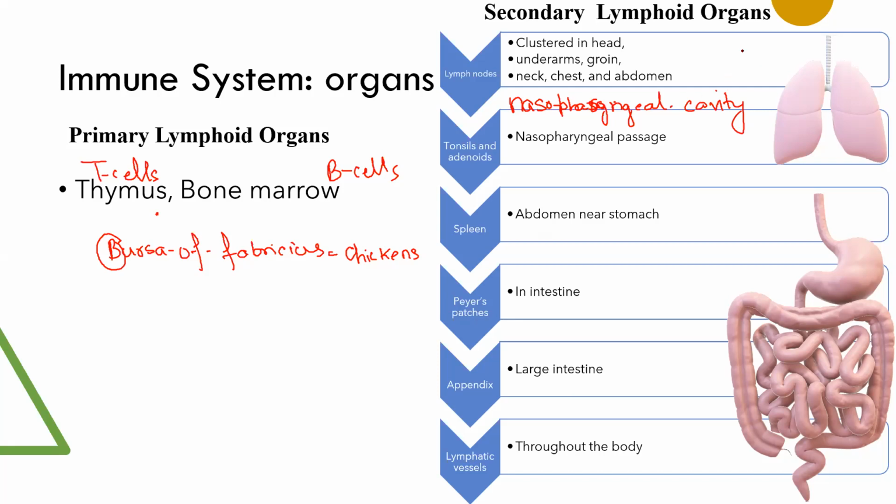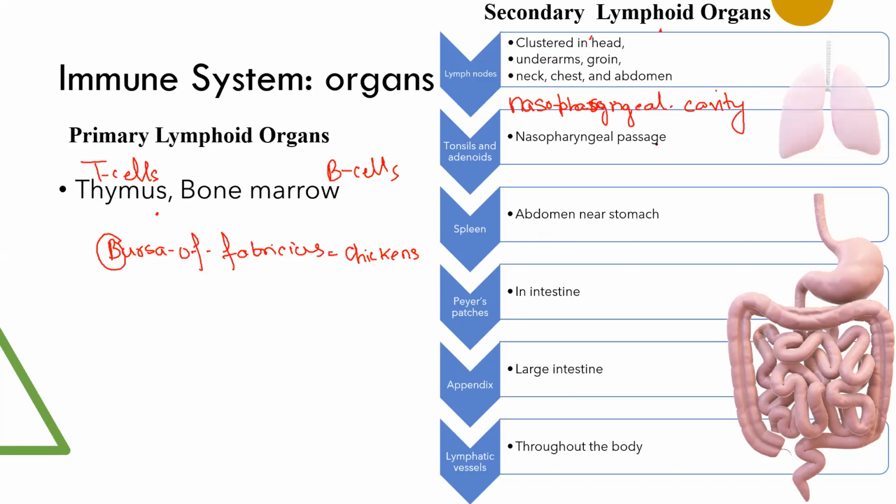Those are called secondary lymphoid organs. So those secondary lymphoid organs could be present in your head. There are multiple lymph nodes which are present in the head, underarms, groin region, neck, chest, abdomen. Okay. As well as there are tonsils and adenoids present in the nasopharyngeal passage.